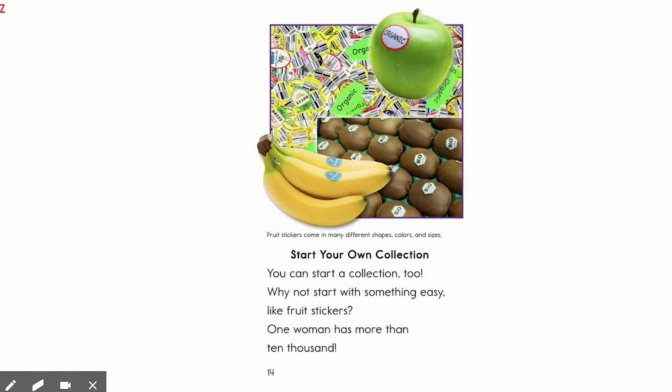Start your own collection. You can start a collection too. Why not start with something easy, like fruit stickers? One woman has more than 10,000. The caption reads, "Fruit stickers come in many different shapes, colors, and sizes."